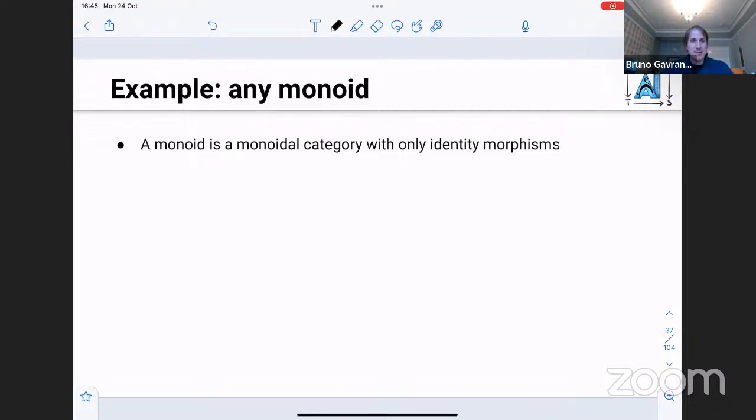Now, another example of monoidal category is monoids. We're going to actually talk about them quite a bit in this course. I'm just going to briefly remind you what a monoid is.